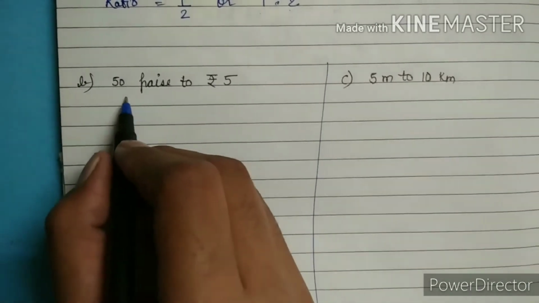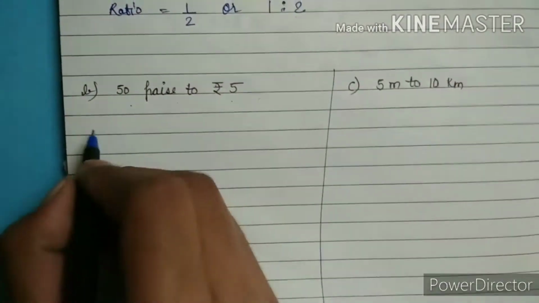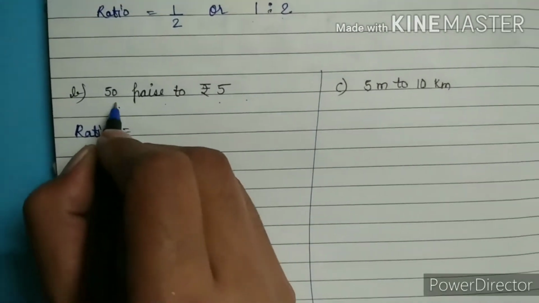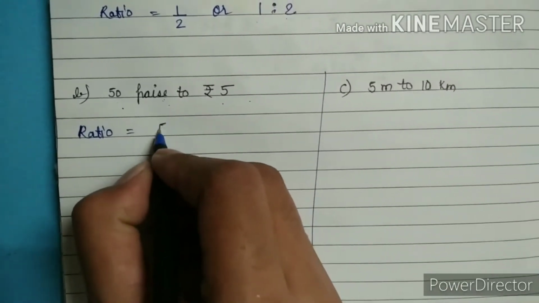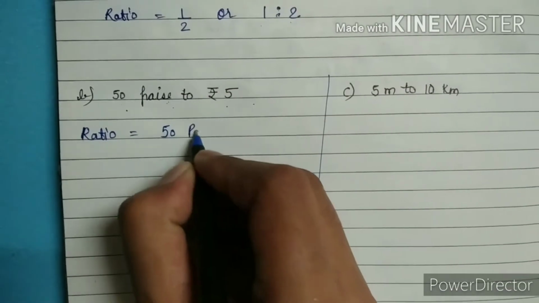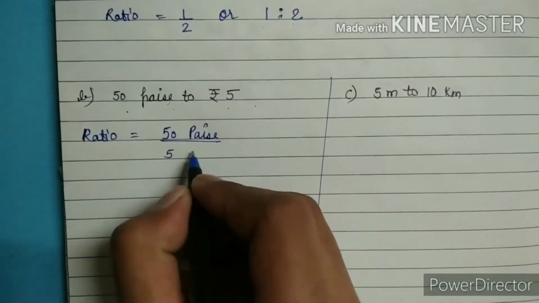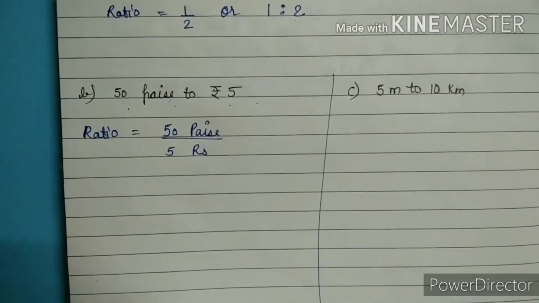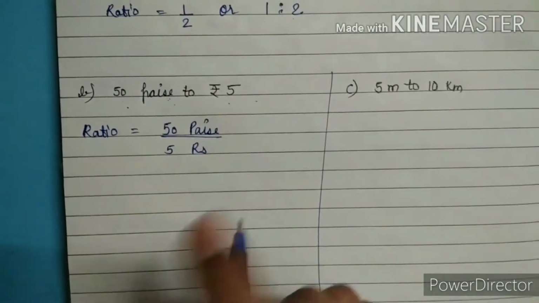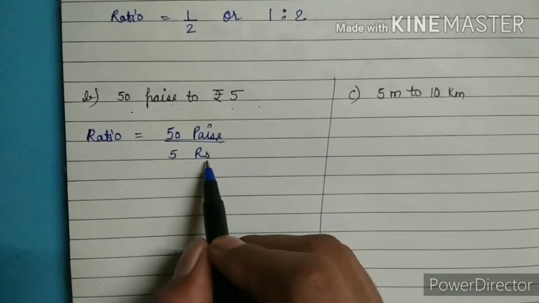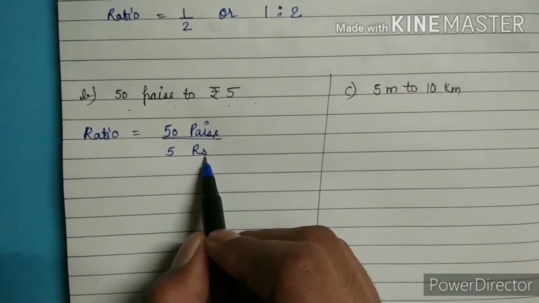Second question is 50 paise to rupees 5. Ratio. Firstly they gave us 50 paise, so 50 paise will come upside and 5 rupees will come downside. Now you can see here in the numerator we have unit paise and denominator unit is rupees.